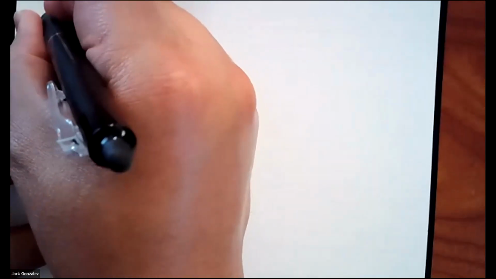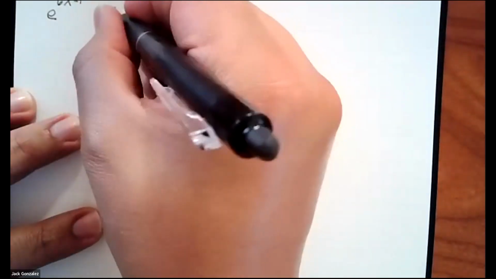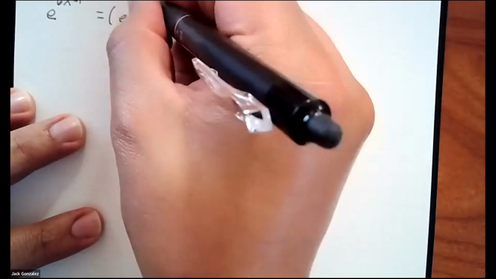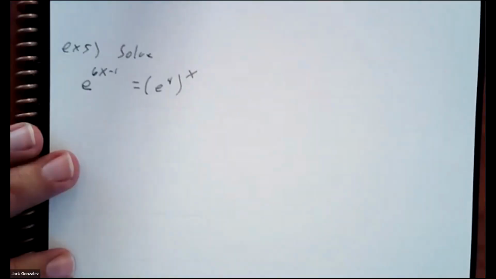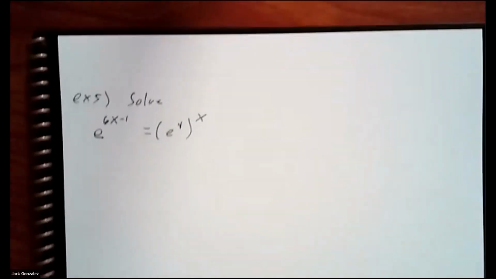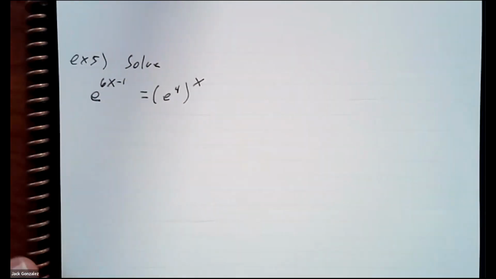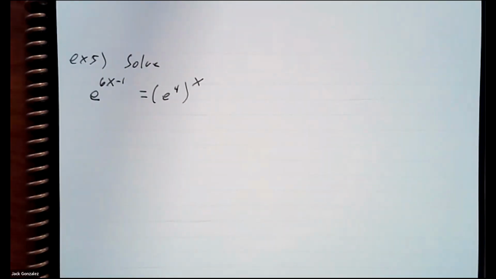So base e is just a number like pi. e is about 2.7, something like that.